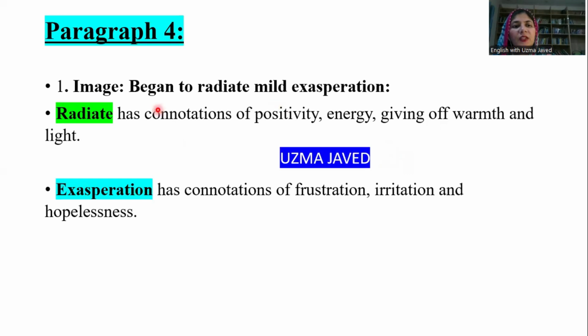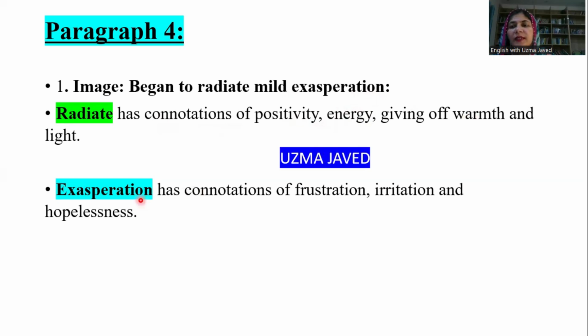The next image as an example which I have written is began to radiate mild exasperation. Now radiate has connotations of energy, positivity, giving light, and even warmth, because obviously when the bulb is producing light, it is also giving off some warmth.